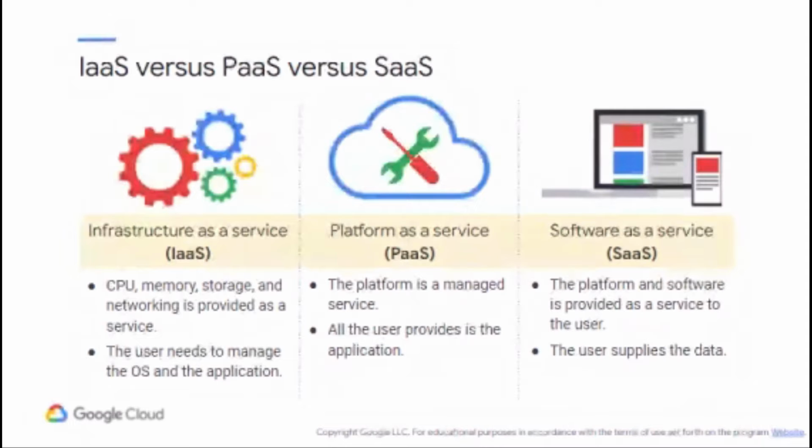Then we have platform as a service, where the platform is managed as a service and you just need to provide the application. And then we have software as a service, where everything is provided to you. You just need to put in your data and work through it.